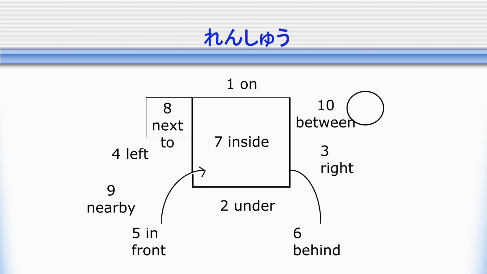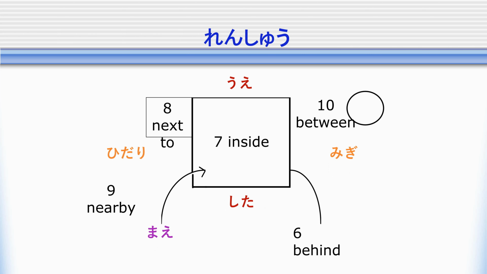Let's take a look. So number 1 is ue. How about number 2? Shita. Number 3? Migi. Number 4? Hidari. Number 5? Mae. Number 6?